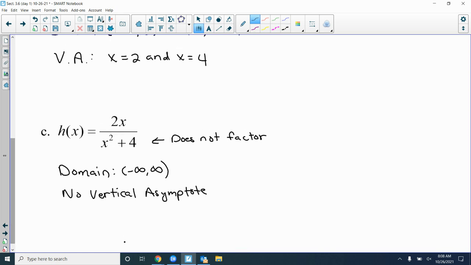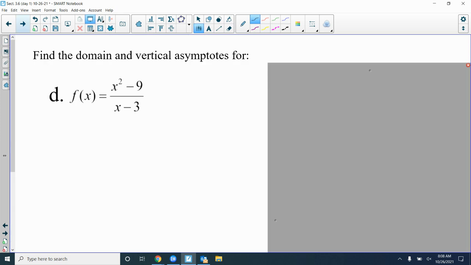All right, now D. Again, same directions: find the domain and vertical asymptotes. Now in D, the numerator does factor. Go ahead and factor that.